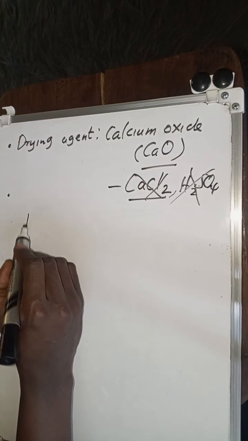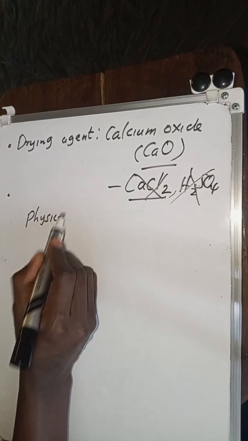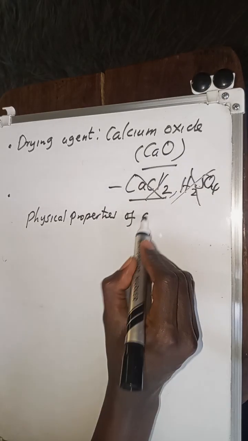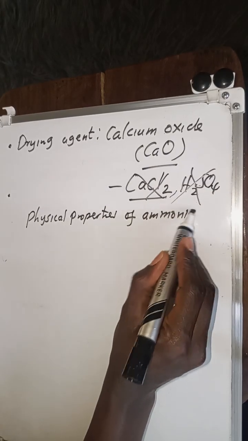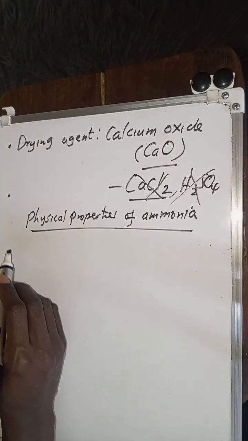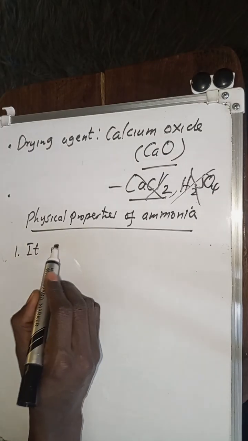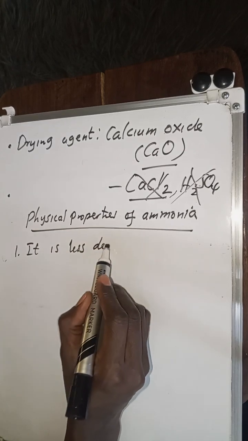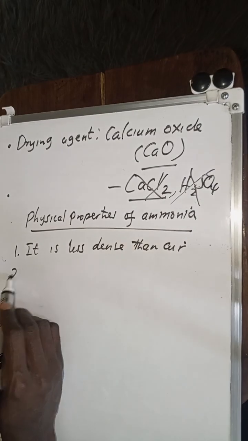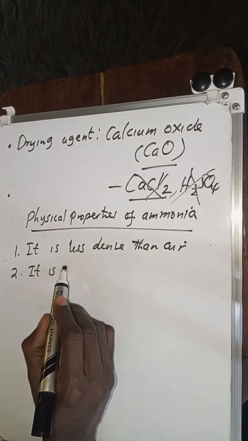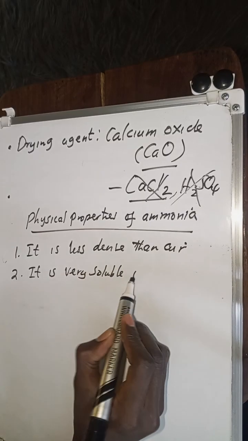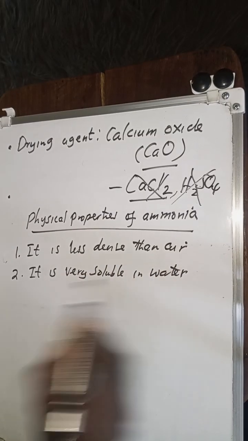Okay, quickly I can talk about some of the physical properties of ammonia. What are some of the physical properties of ammonia that you need to remember? Well, one, ammonia is less dense than air. Two, it is very soluble in water, so it is capable of dissolving in water.